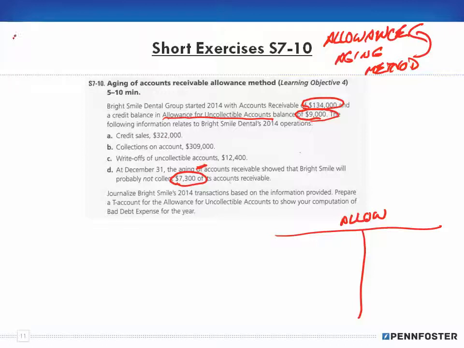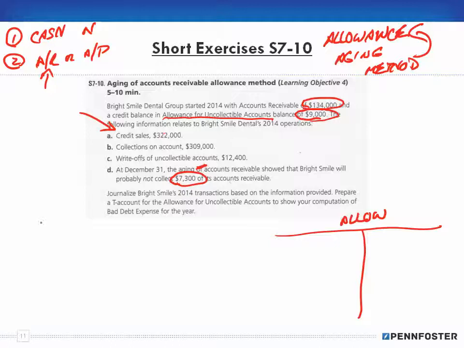First question I ask is, am I affecting cash? Well, no, I'm not affecting cash because they're credit sales. The second question I ask myself is, am I affecting accounts receivable or accounts payable? Since it's credit sales, yes, I'm affecting accounts receivable.